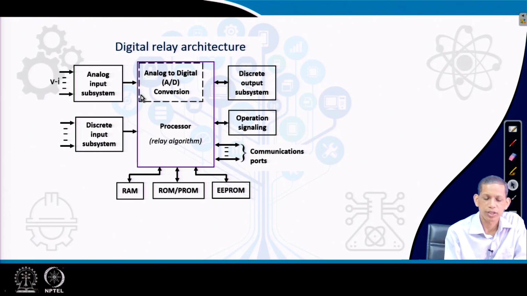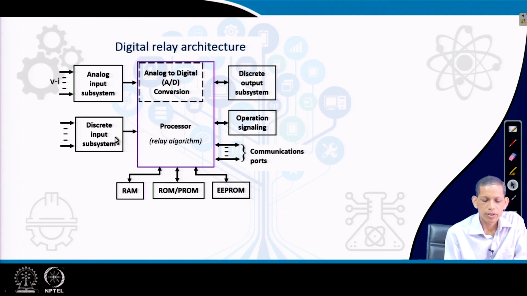These currents and voltages are sensed by the CTs and PTs and input to the relay. The analog input is converted to samples values in a digital platform, and then the relay processes those samples for a particular decision.